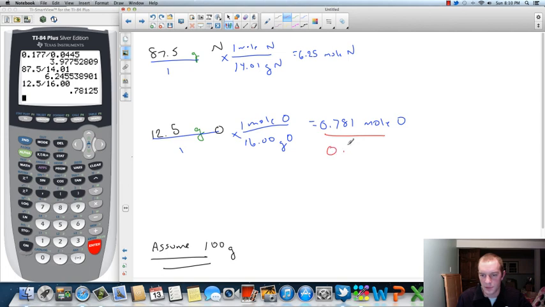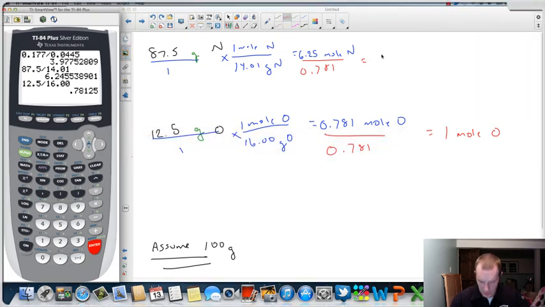Divide by 0.781. This is going to equal 1 mole of oxygen. 6.25 divided by 0.781 is approximately 8, almost equal to 8.